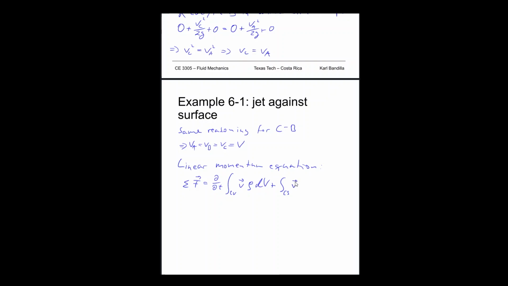We'd have V, which is a vector, we have rho again, and then we have V dotted with dA, which are both vectors. All right, so that'd be our linear momentum equation.